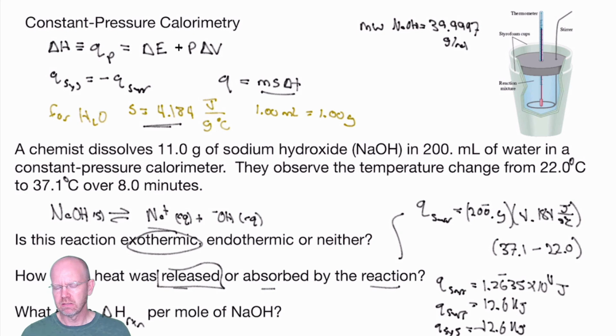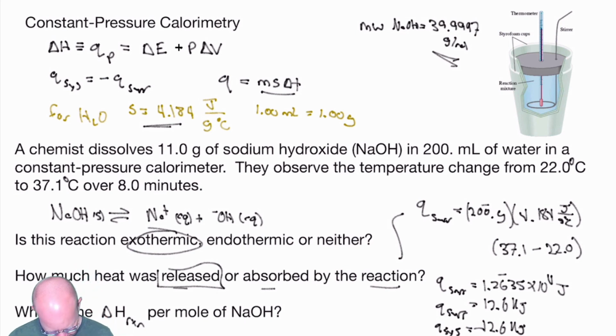Okay, what is the delta H of reaction per mole of sodium hydroxide? Well, I guess first we need to figure out how many moles of sodium hydroxide we have, and then divide the energy change that we observe by that amount of moles. So let's see. We have 11 grams of sodium hydroxide, and the molecular weight of sodium hydroxide is given there at the top, divided by 39.9997.